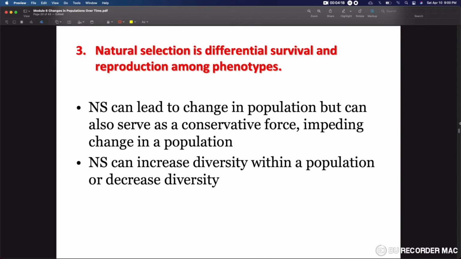Next, for your evolutionary ecology, natural selection is differential survival and reproduction among phenotypes. This is what we were talking about earlier, that nature selects certain things. Nature differentially selects your phenotypic characters because there is this thing that we call fitness, and the fitness value of a certain trait changes.